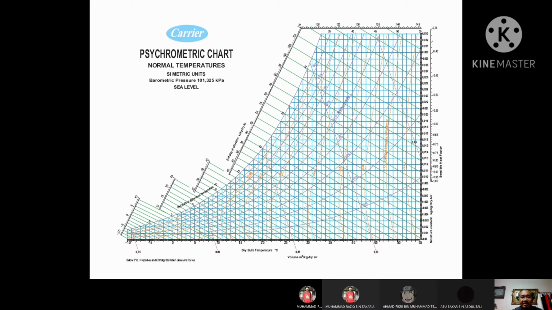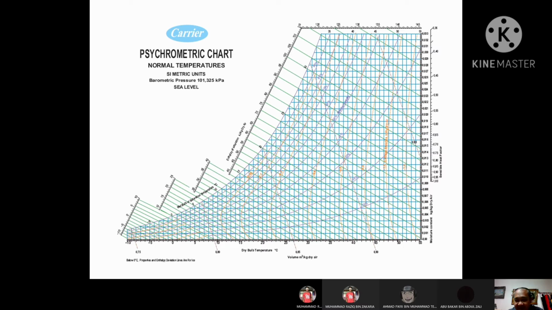Okay, this is the chart, the psychrometric chart. This one is from Carrier. There are many scales, so I want to introduce to all of you the scales and some lines inside the chart. I want you to follow my explanation.